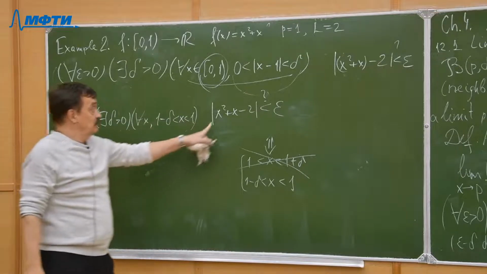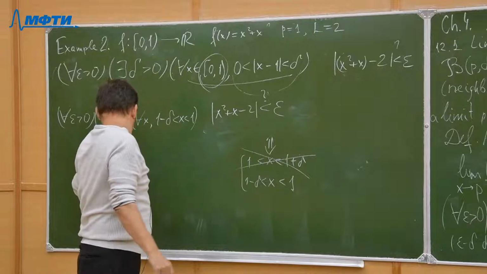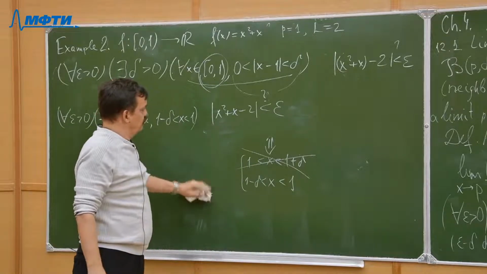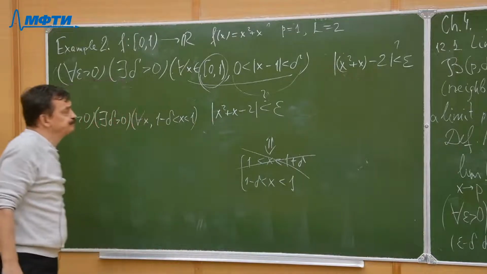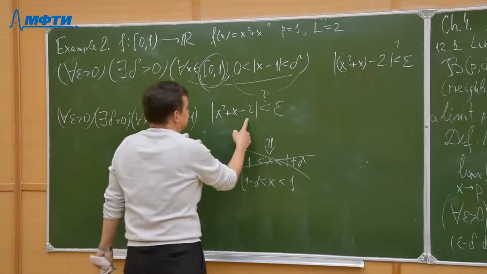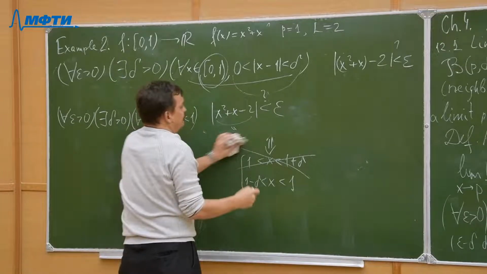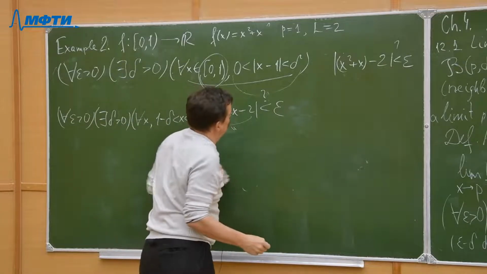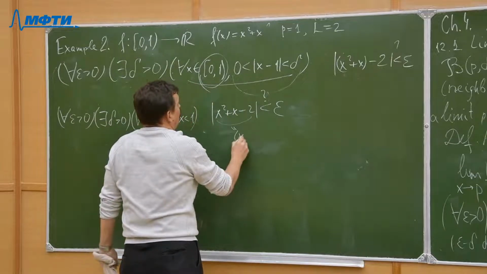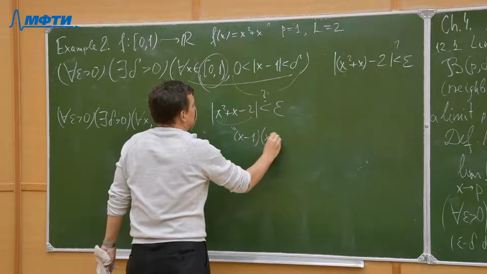Now, look at this quadratic expression. We can rewrite it as x minus 1 times x plus 2, right?